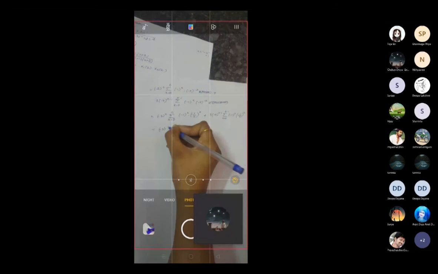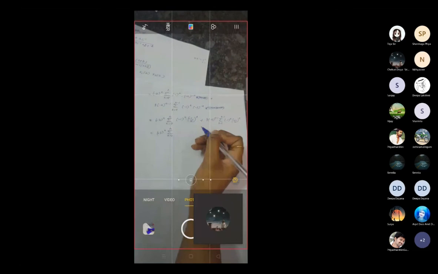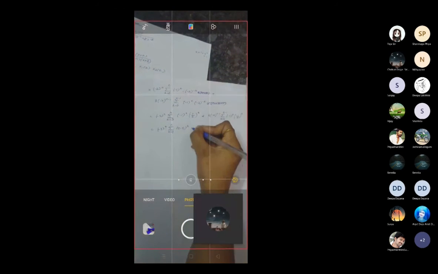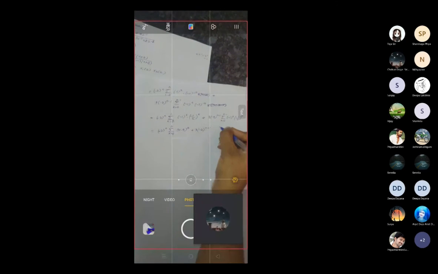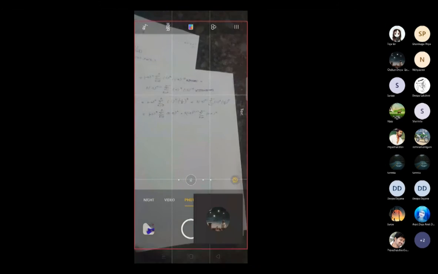So (-2)^n summation k equal to 0 to n, 1 into (-0.5) you will get (0.5)^k, plus 3 into (-2)^(n-1) summation k equal to 0 to n minus 1. Here also, minus 1 into minus 0.5 you will get (0.5)^k.